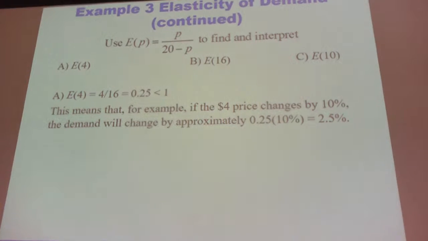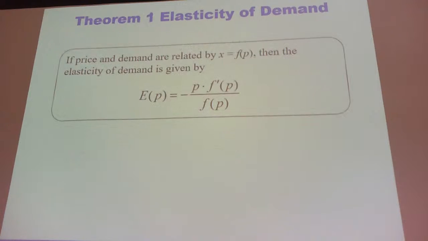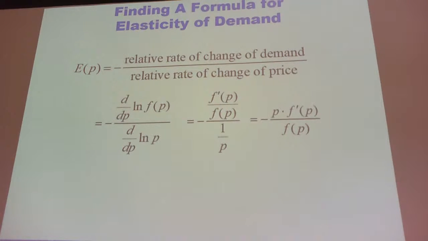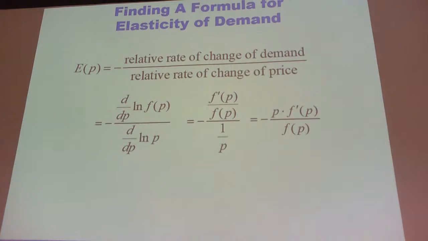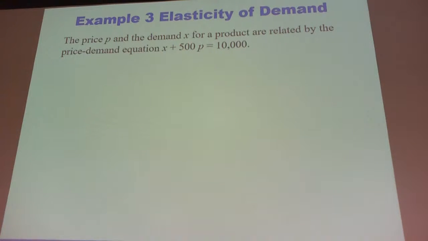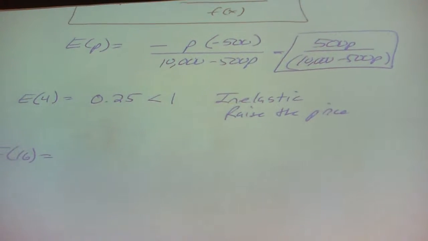So bottom line, the top number is the relative change in demand over the relative change in price. So you gain 16% of the price, you lose 4% of the demand. So that's a win. Let's do the same thing, but now let's plug in 16 and see what results you get.